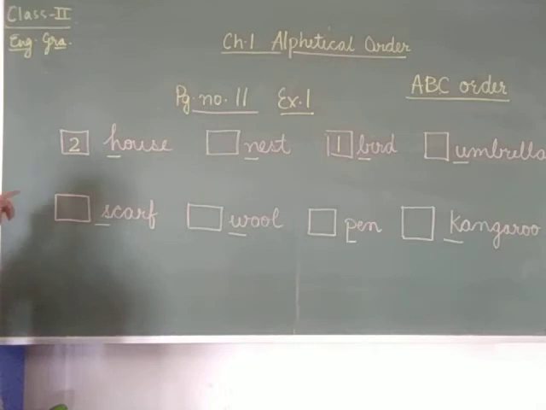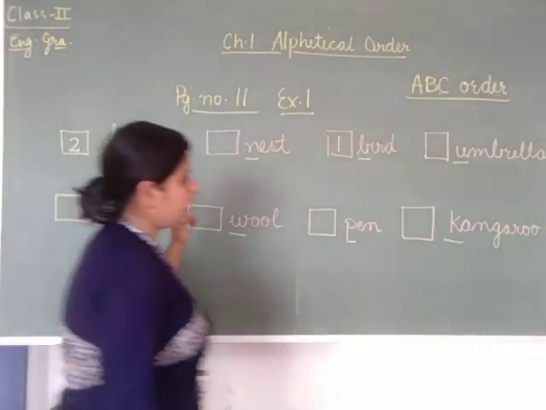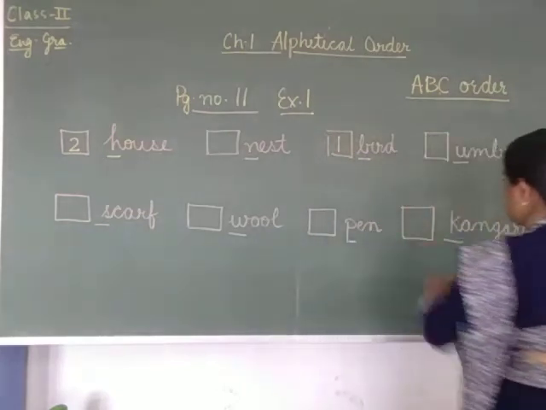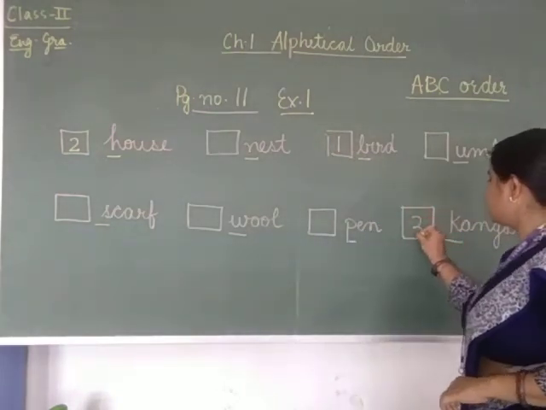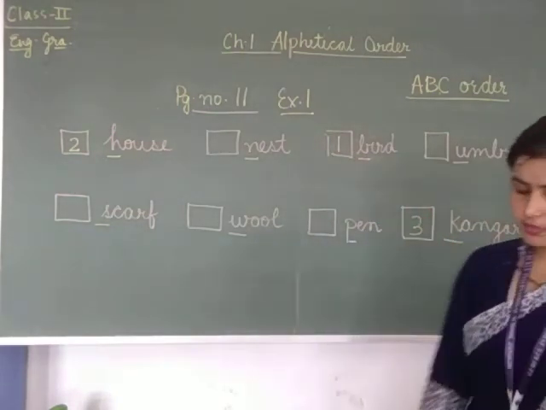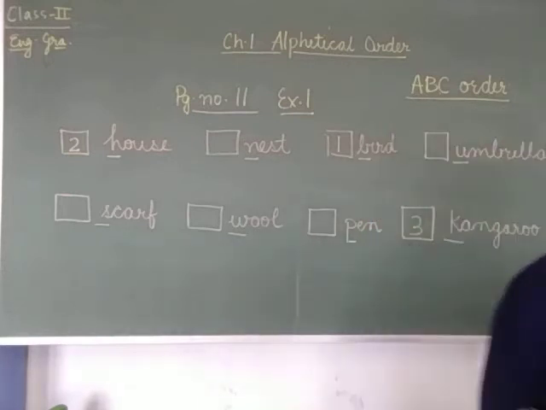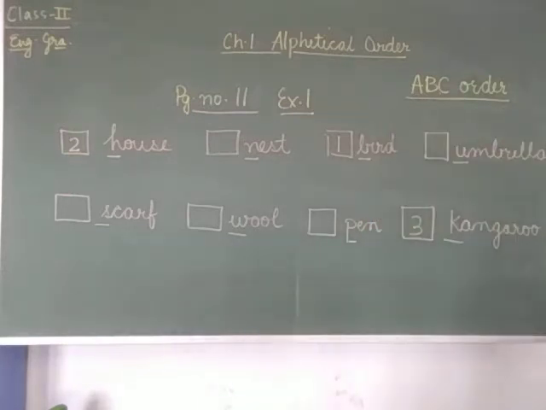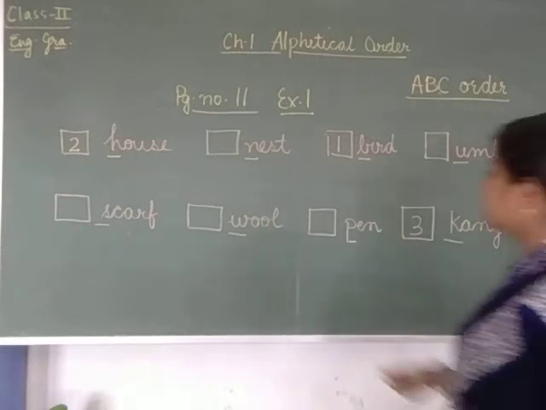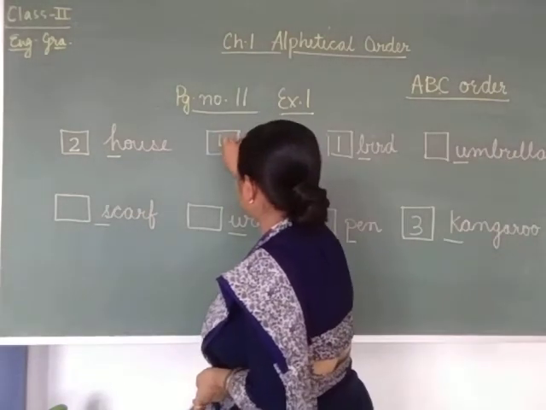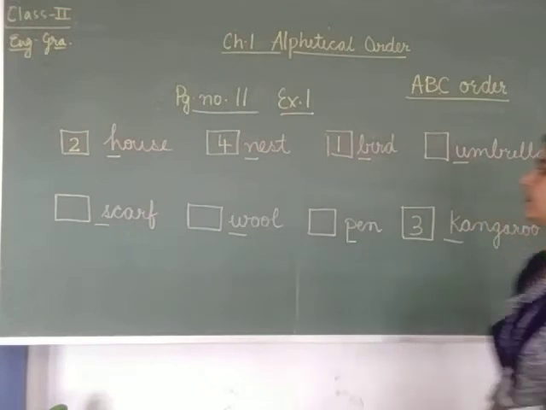After that H, I, J, K. K for kangaroo is the third word in alphabetical order. After K what comes? K, L, M, N. I've got N as 4. N for nest is at number 4.